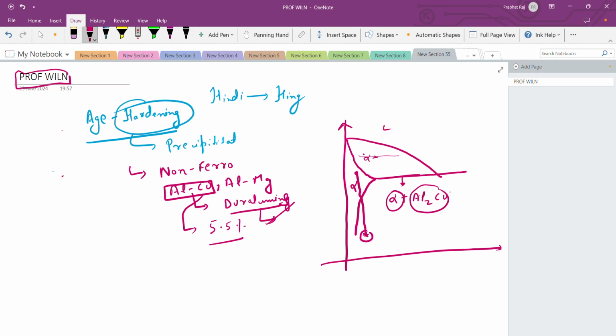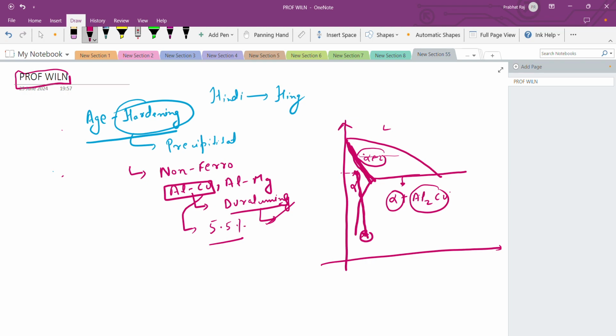The alpha plus liquid region is present, and we want no mushy region and only pure alpha in the microstructure or grains, right? So he didn't cross this line, and after reaching this point, he quenched it back to room temperature.